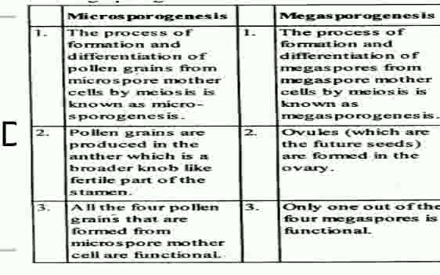The male gametophyte is derived from the pollen grains or the microspores, which are formed in the pollen sac of the anther. Whereas in megasporogenesis, the female gametophyte is derived from the megaspore, which is formed in the nucellus of the ovule.